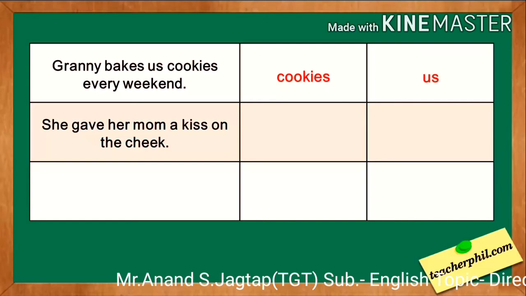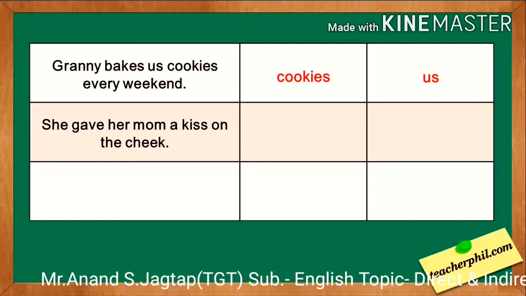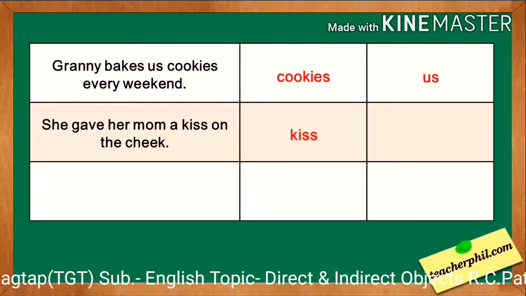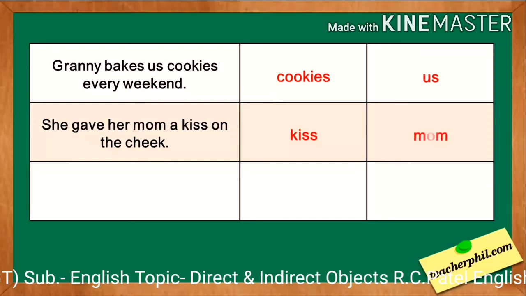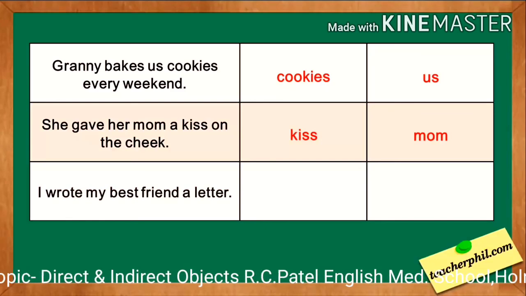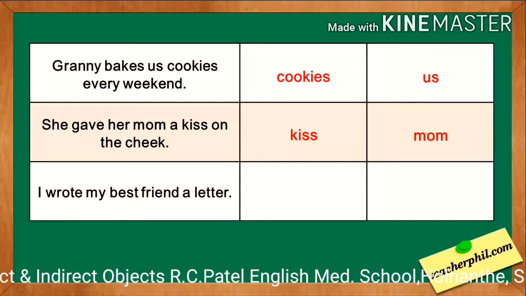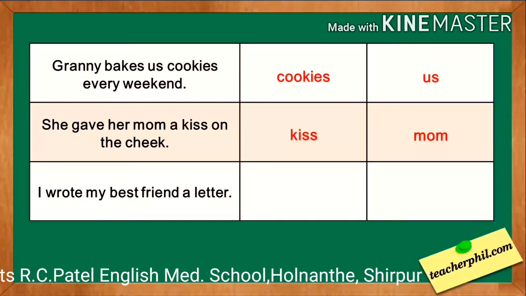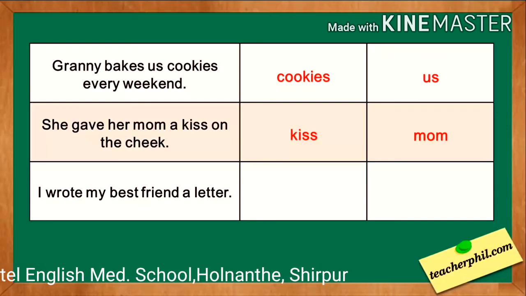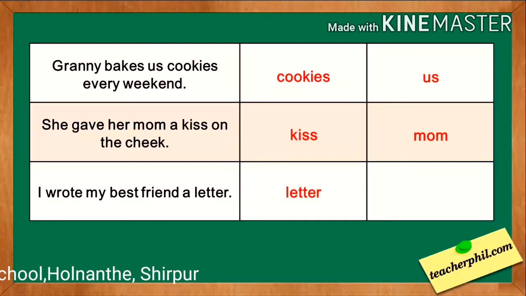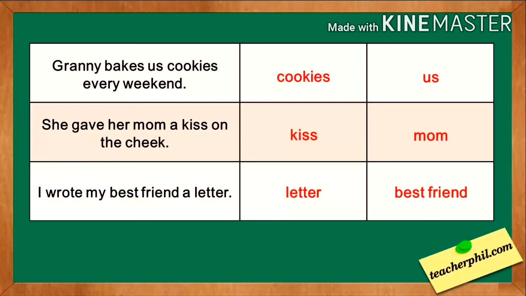A kiss is direct object and her mom, that is mom, is indirect object. Next, I wrote my best friend a letter. In this sentence, a letter is direct object, and to whom it is written? To my best friend. So the best friend is indirect object.